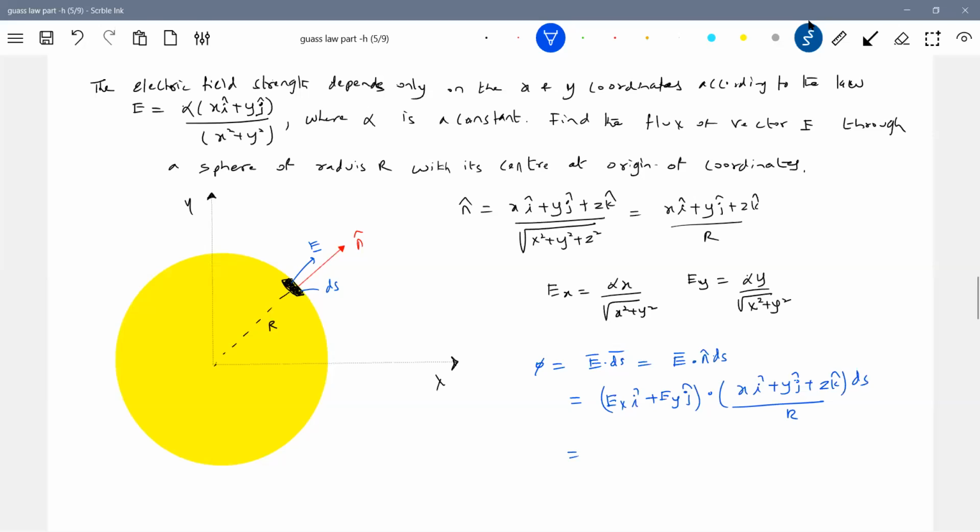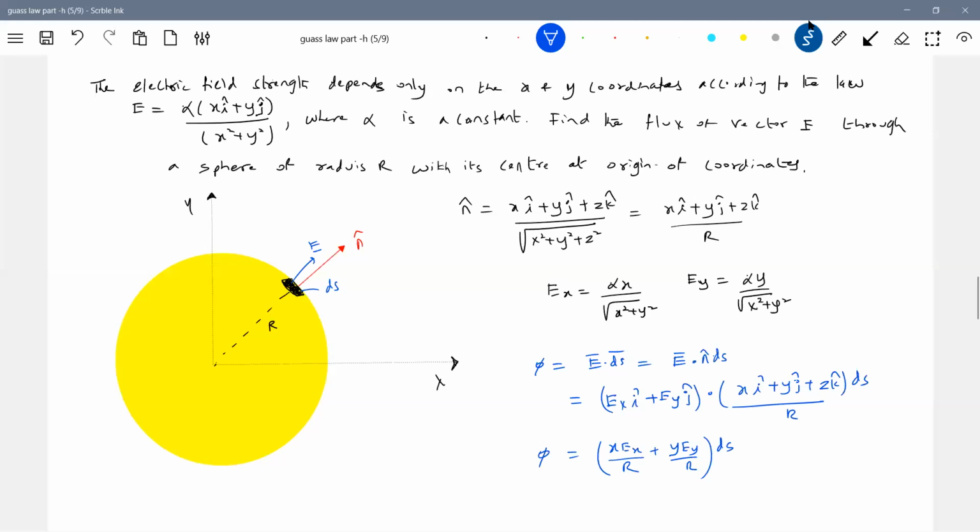I dot I is 1, so this becomes x times the x component by R. J dot J is 1, so this becomes y times the y component by R. J dot K is 0.